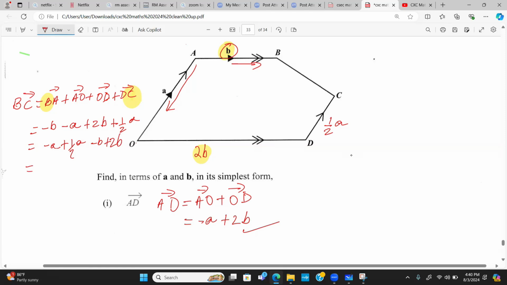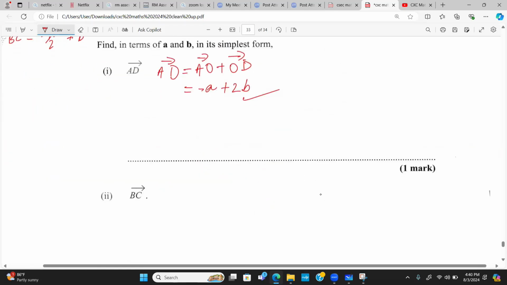So when I look at the A term, negative A, which is negative 1A plus half A, I'm going to be left with negative half A. All right, so negative A plus half A, that's a negative half A. Negative B plus 2B, that is actually 1B, which is just B. So the vector BC is actually negative half A plus B. All right, so we have that done, right? Now, so here it is. This is actually negative half A plus B.